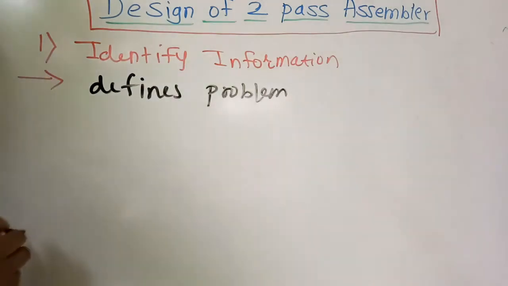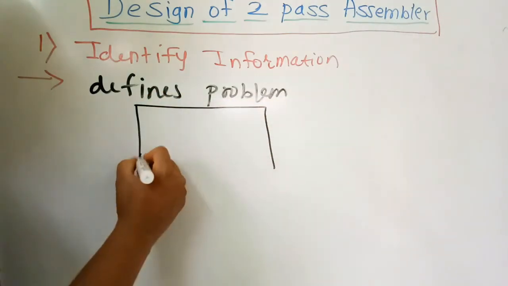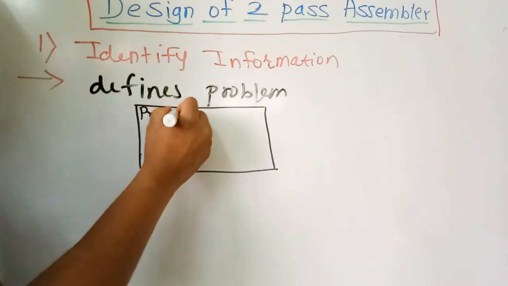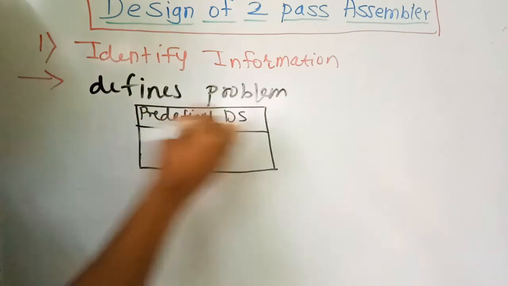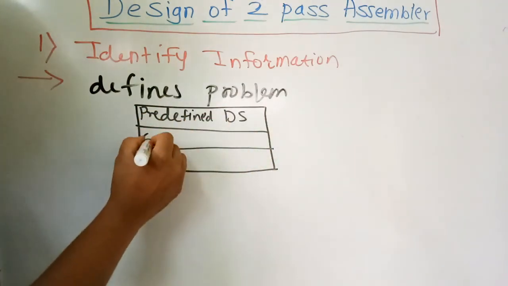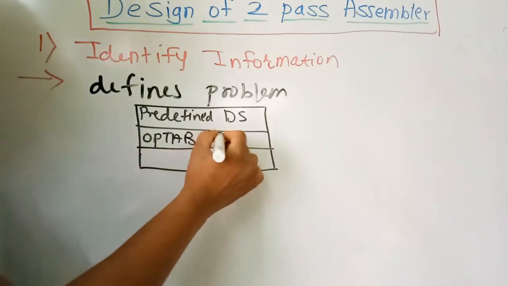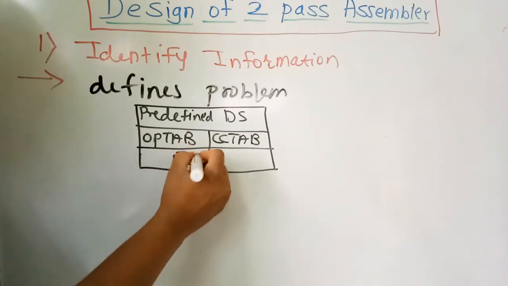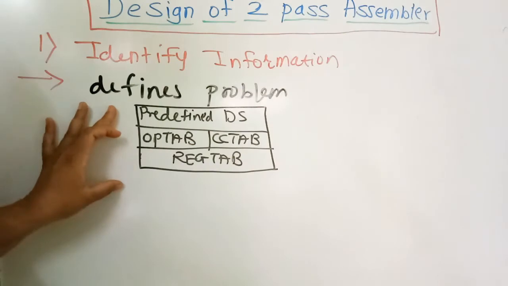It follows some terms. First of all it goes through the predefined data structures, then the operation table, then the condition code table, and the last one is the register table. What does this actually mean?